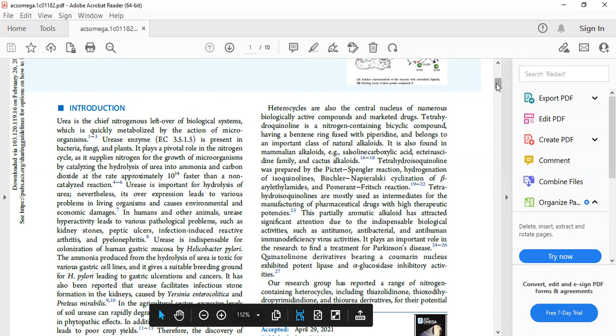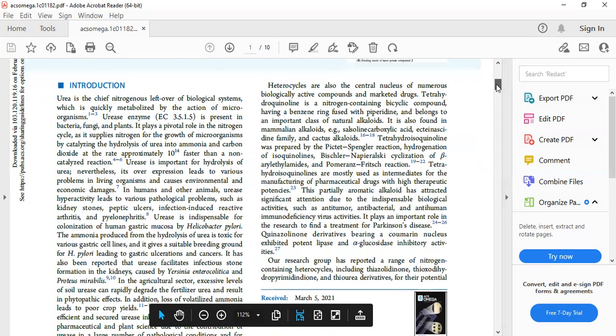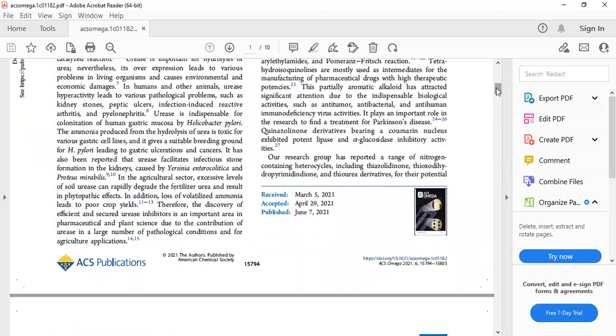Then about your topic, isoquinoline. Then you tell about the research group. Why has your group used this topic? Our research group has reported a range of nitrogen-containing compounds, including different ones.